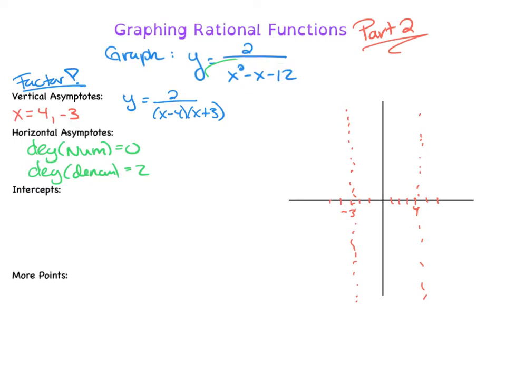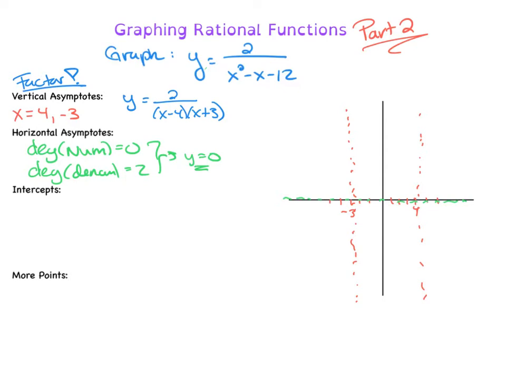Since the numerator has a smaller degree than the denominator, that means that y equals 0 is our horizontal asymptote. So we have a pretty good idea of where our asymptotes are now.